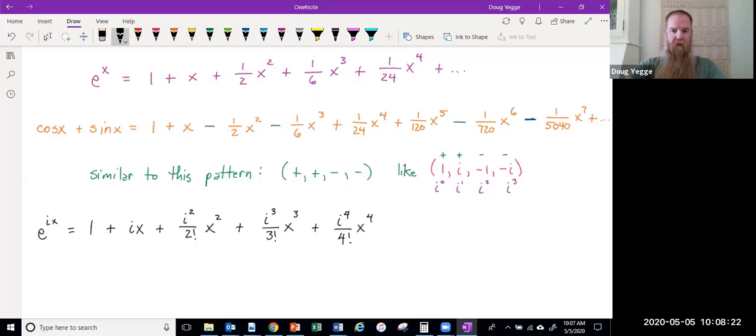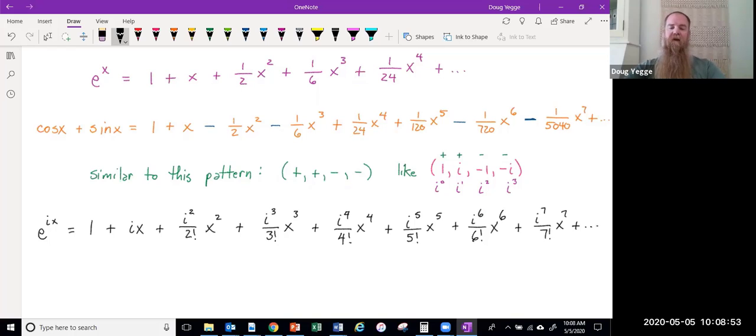I'm going to keep going all the way out to 7 if I can here. So we have i to the fifth over 5 factorial times x to the fifth, i to the sixth over 6 factorial times x to the sixth. And finally, i to the seventh over 7 factorial times x to the seventh. And this continues on forever, okay?